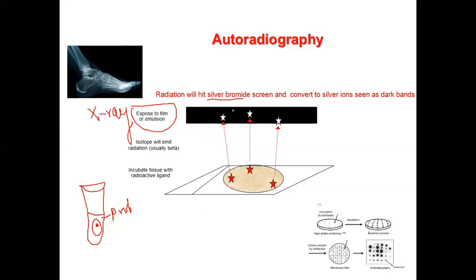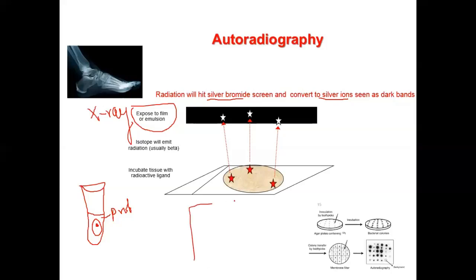And wherever the probe emits radioactivity, it gets converted to silver ions. Now you have to develop this X-ray film using certain solutions, like those used in photo studios, where you treat them with solution and you develop the negative of the X-ray sheet.